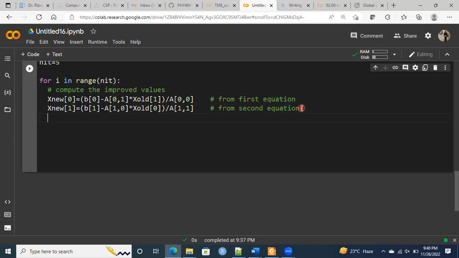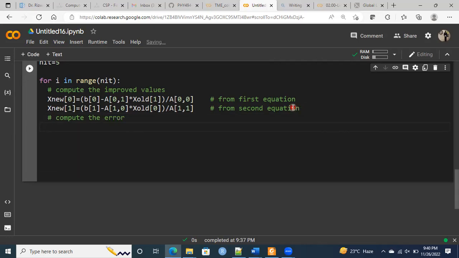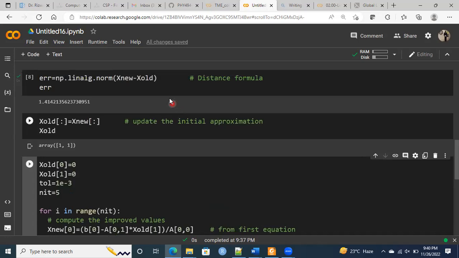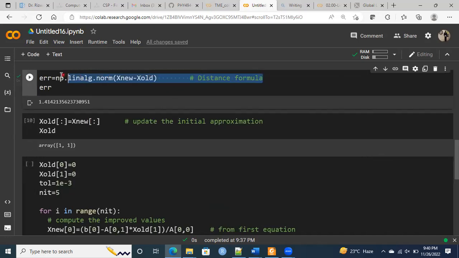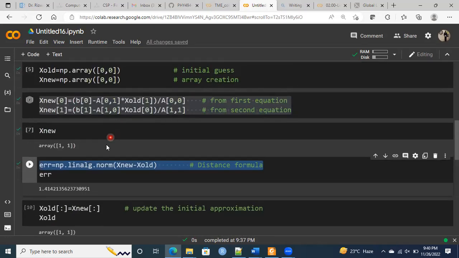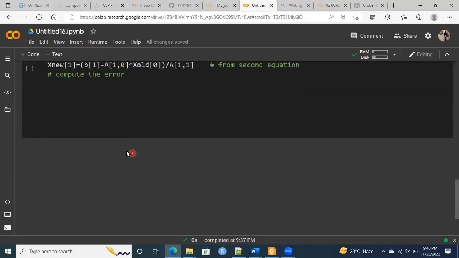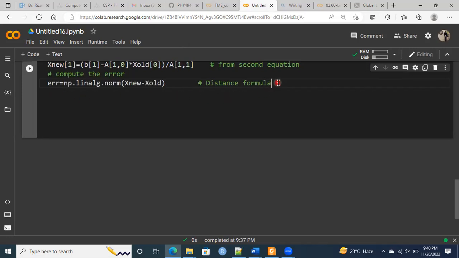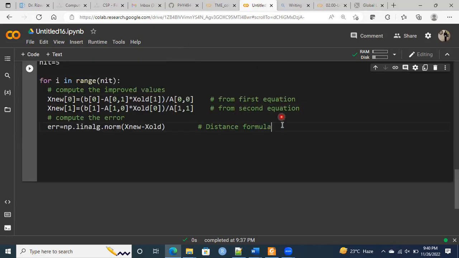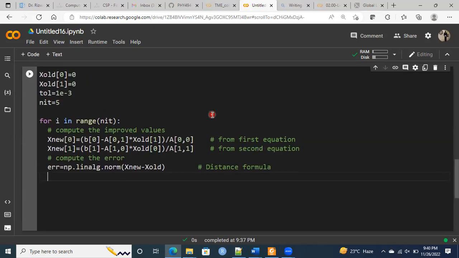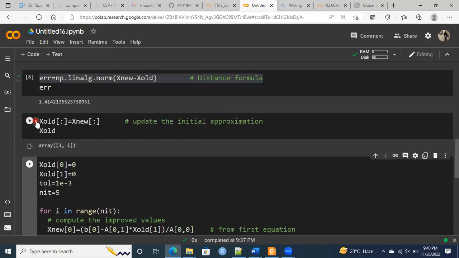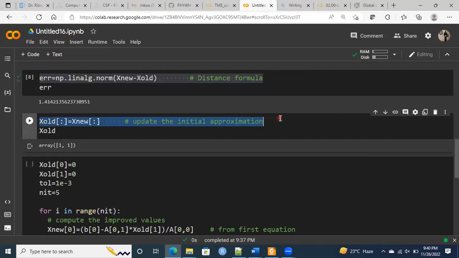The next step is to compute the error, and the error is like this. So just after the same calculation, error has been computed, and the next step is to update the values. So we set the x old value as x new values.